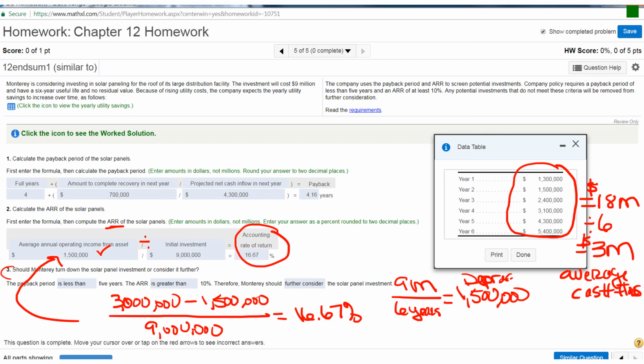And then of course the last part you just have to plug in. The requirements were you had to get the payback before 5 years, and 4.16 met that, so that's good. And the ARR is greater than 10%. We got 16.67%. So the final answer is they should at least consider this more in terms of investing in this solar panel.